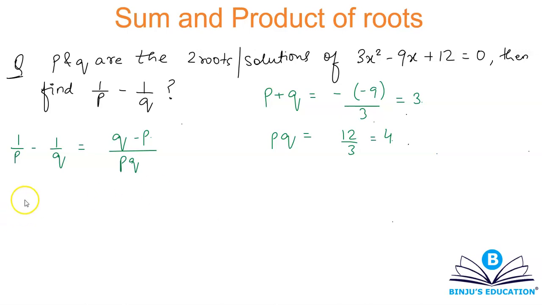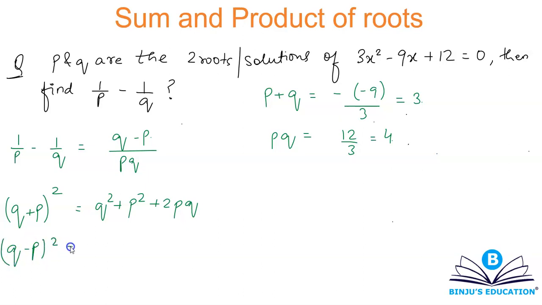For example, when you talk about (P plus Q) whole square, or let's write this as (Q plus P) whole square, that's Q² + P² + 2PQ, and (Q minus P)² is equal to Q² + P² − 2PQ.